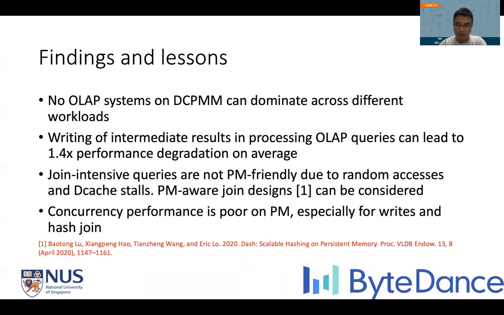So we need to consider adopting some PM-aware join designs, such as Dash in the reference. And the write performance is also a serious problem on PM, especially for the writes and the hash joins. So we wish some hardware upgrading can help to resolve this issue.